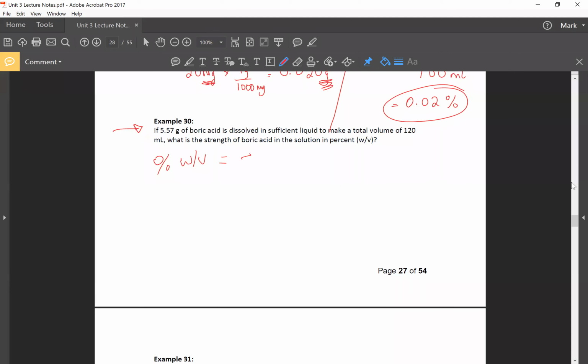So I have 5.57 over 120 grams and milliliters. Now you'll notice that the units don't actually cancel. And that's just one of the things about using these weight and volume percentages. Because we're using grams and milliliters, we just write down the answer.